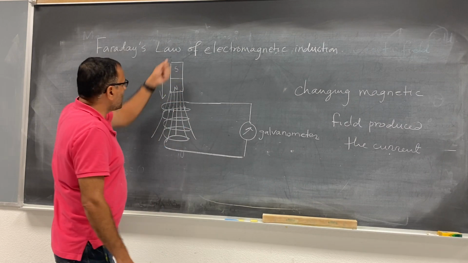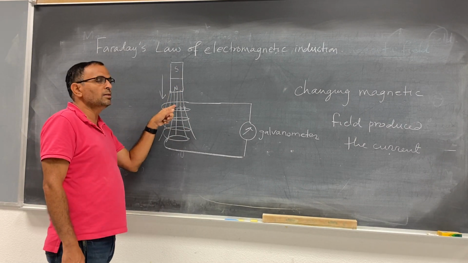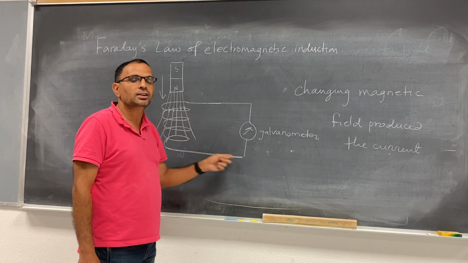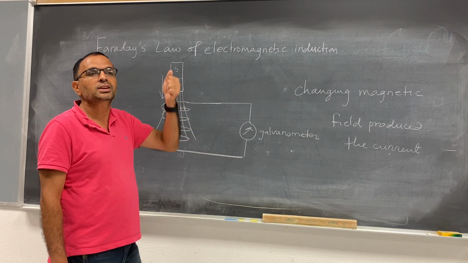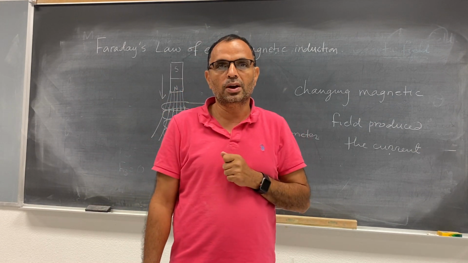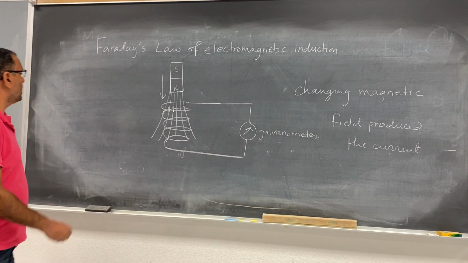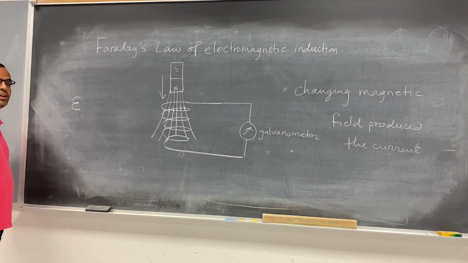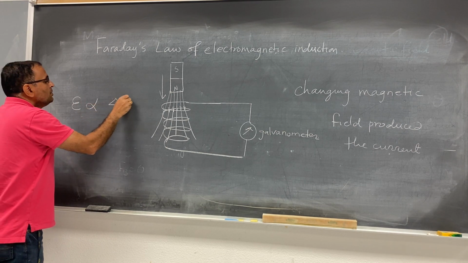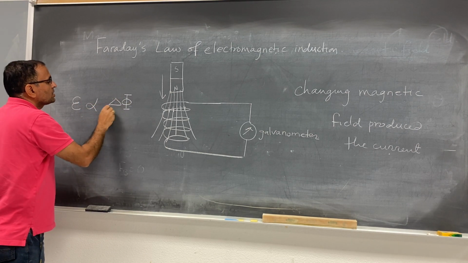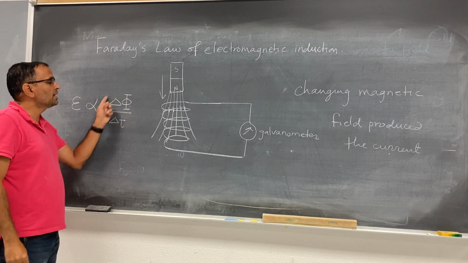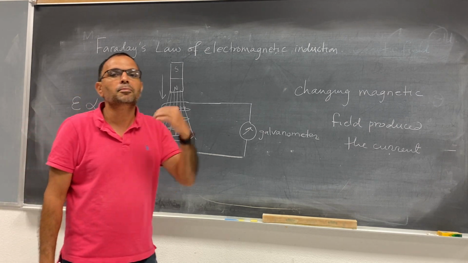So if you move the magnet up and down, you induce the EMF in the coil, and that induced EMF is responsible for the current in the circuit. The induced EMF E is proportional to the time variation of magnetic flux, delta phi over delta T. This delta phi over delta T is the rate of change of magnetic flux.